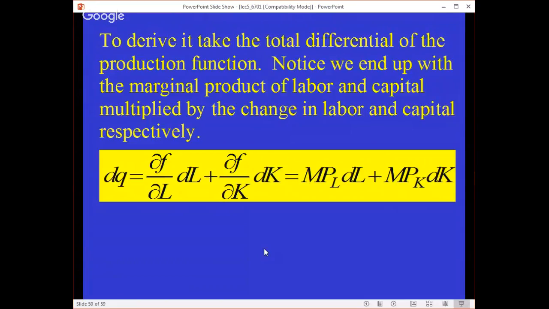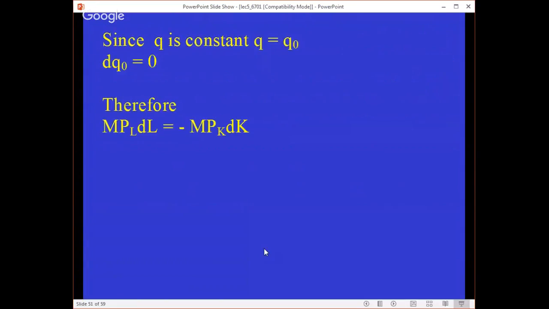So dq is 0, so I set this equal to 0, and then I can go ahead and solve for dK/dL or dL/dK, depending on what you put where. So I set it equal to 0, and I get the marginal product of labor times dL is equal to negative the marginal product of capital times dK.